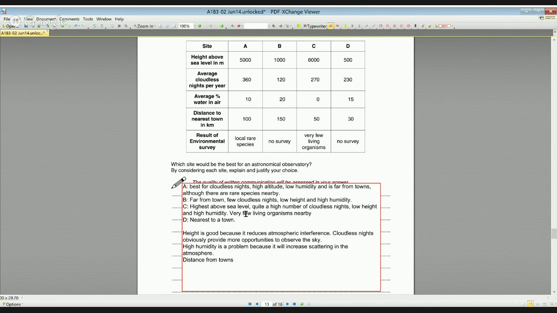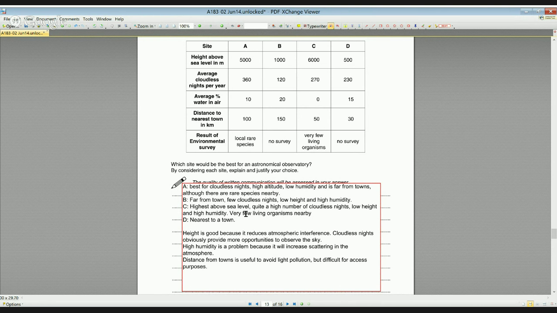Distance from towns is useful to avoid noise pollution, light pollution, but difficult for access purposes. So getting people and resources to the site.